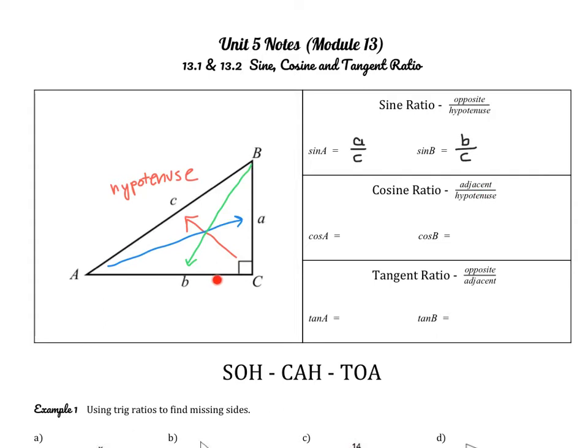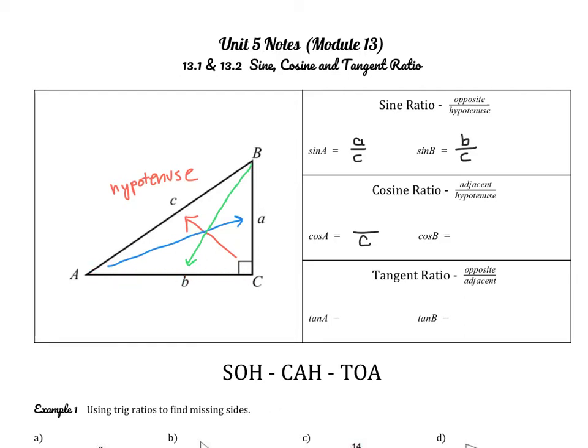Now, by definition, the cosine ratio is adjacent side length. Remember, adjacent means next to or touching, and then over the hypotenuse. If we're doing cosine of angle A, C is still going to be my hypotenuse, so that will be the denominator. But now I want the adjacent side.